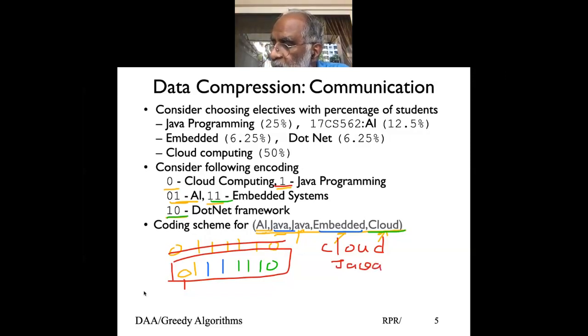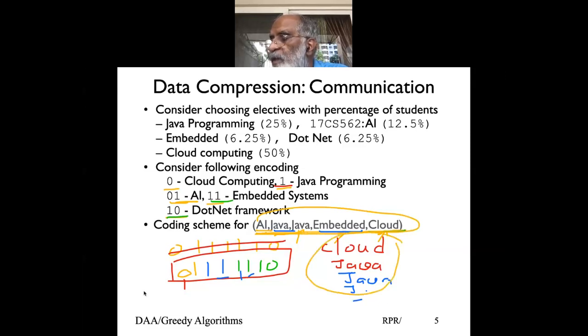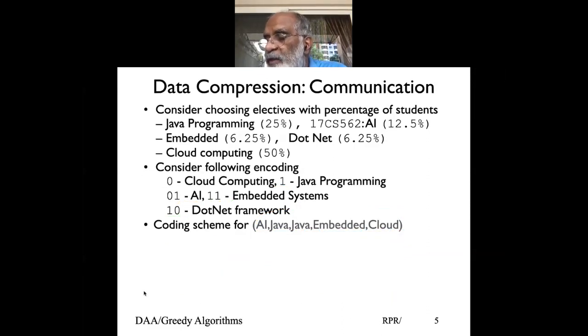Third student is another, which is again Java. And then fourth one, again Java, and we probably end up with .NET. See, what the initial coding was, and at the other end the decoding happens to be completely different and erroneous. So that means there is a fundamental flaw in this coding.